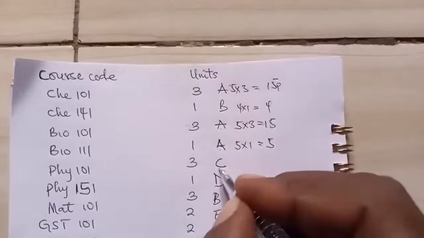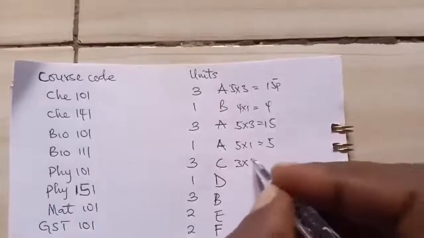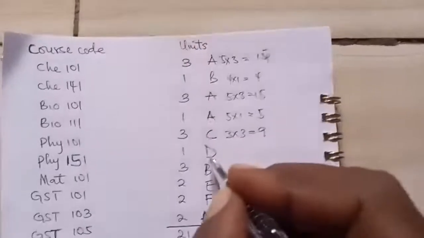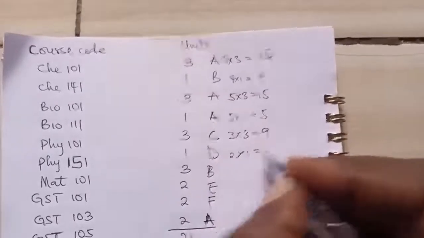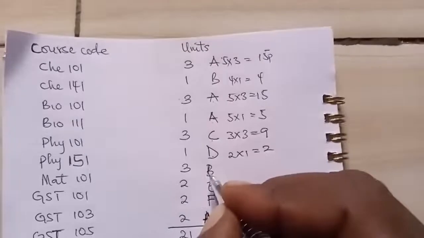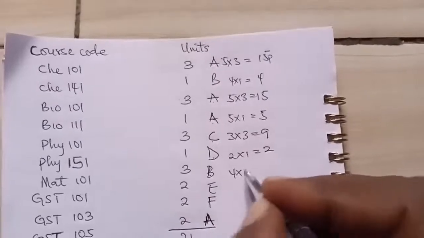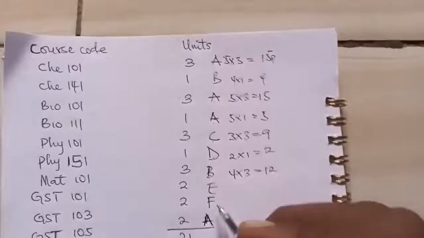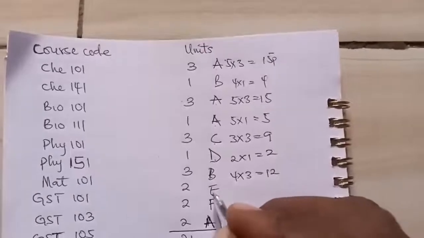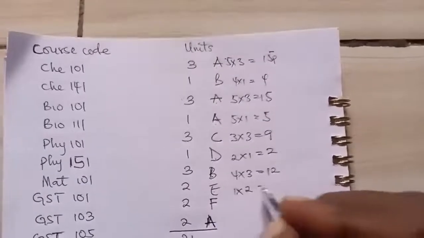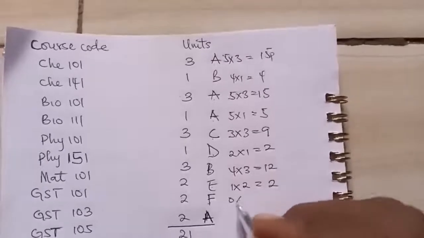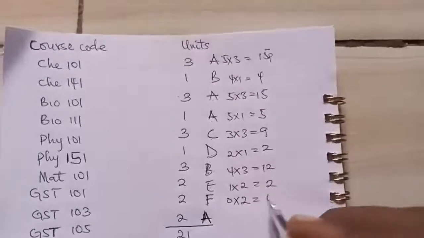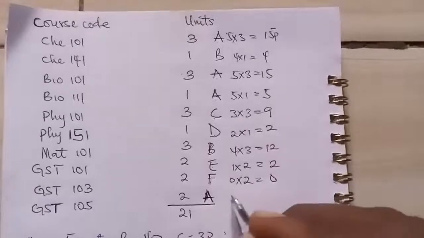Here is C, 3 points times the unit. Here is D, 2 points times the unit. Here is B, 4 points times the unit. Here is E, 1 point times the unit. Here is F, 0 points times the unit. Here is A, 5 points times the units.